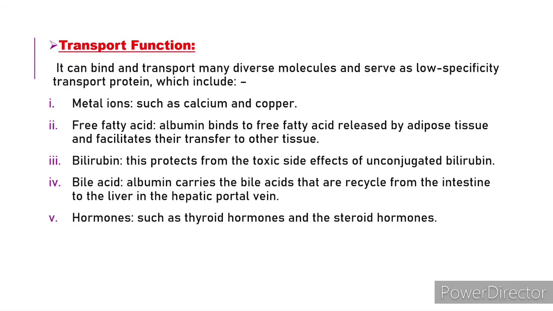Third is bilirubin. This protects from the toxic side effects of unconjugated bilirubin. Fourth is bile acids. Albumin carries the bile acids that are recycled from the intestine to the liver cells in the hepatic portal vein. Last point is hormones such as thyroid hormone and steroid hormones.